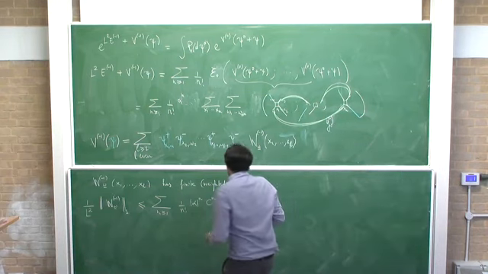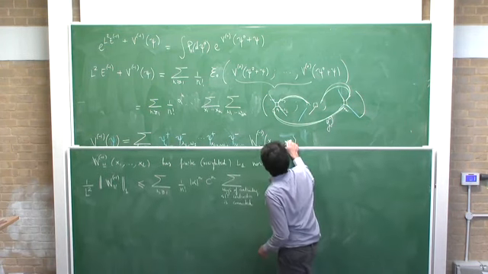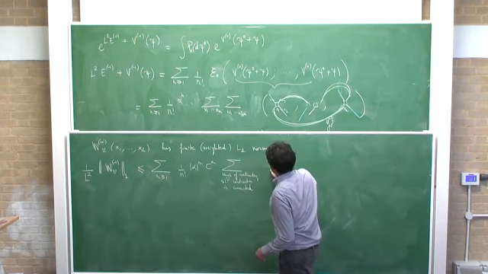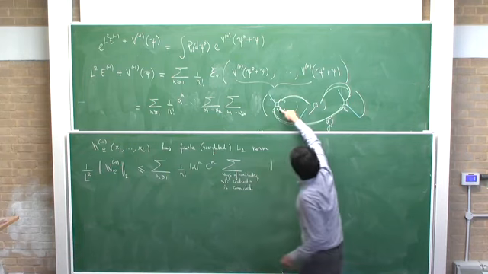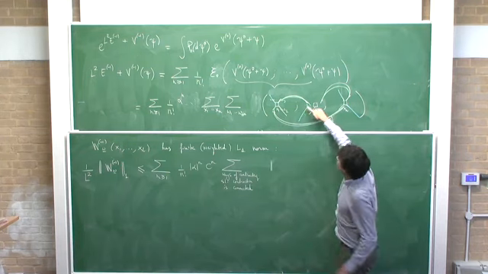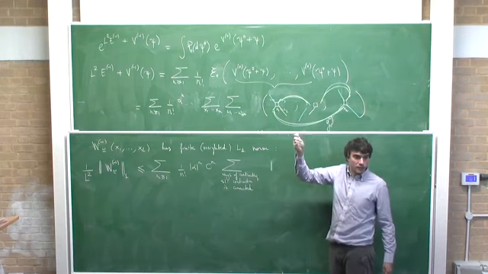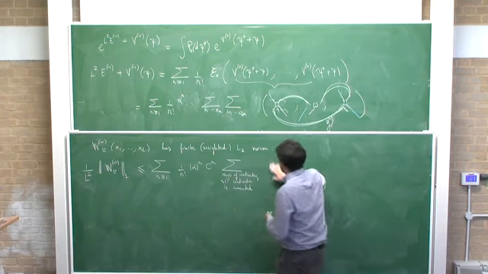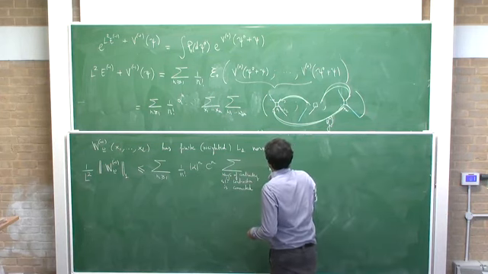Now I can bound these guys outside the green line just by the L infinity norm.